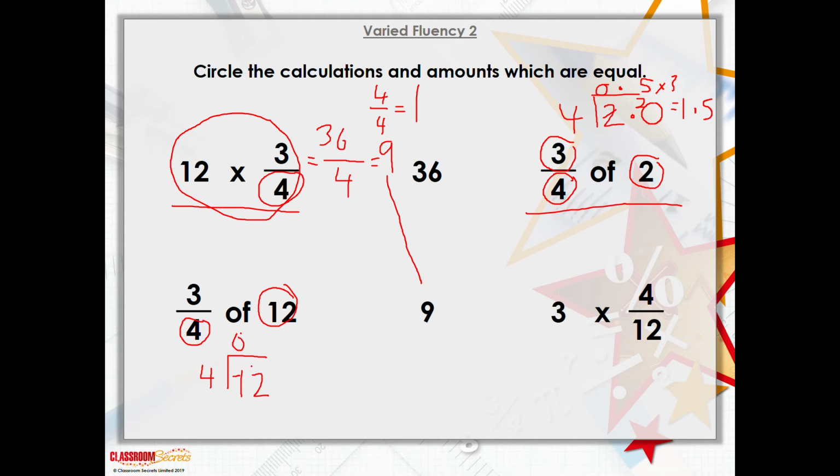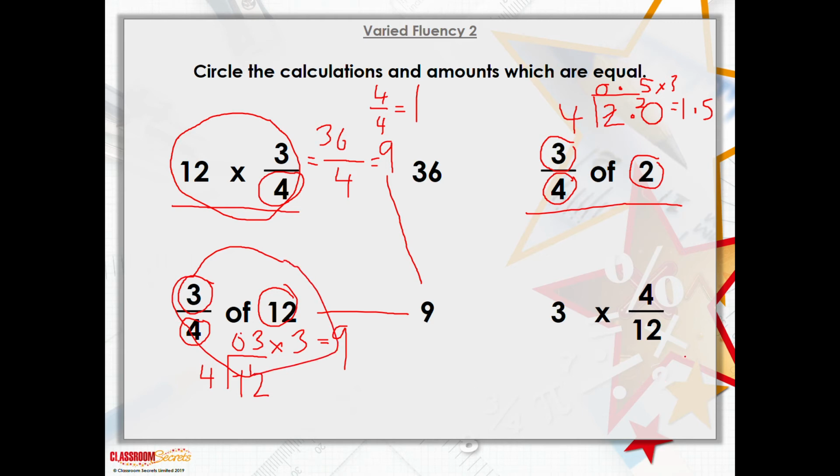I exchange my 1 10, make it into 12 1s. 4's into 12 go 3. Now I need to multiply by my numerator, and here my numerator is 3. So 3 times 3 equals 9. And notice that this matches this answer again here. So I'm going to circle this answer here.